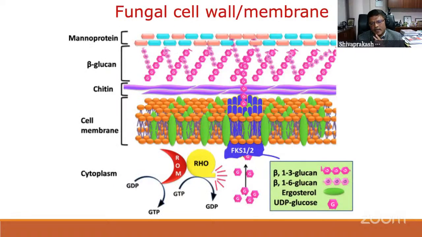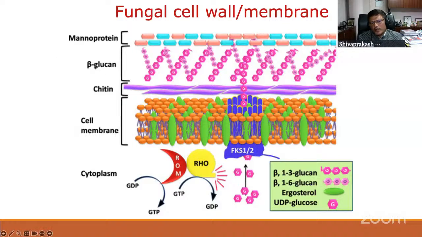Before going to the antifungals, you need to understand the fungal structure, especially the fungal cell wall, the fungal membrane, and the nucleus. These are important because they are all targets of the antifungals. The fungal cell wall contains mannoprotein. In Aspergillus it is galactomannan, whereas in yeast such as Candida it is mannan.